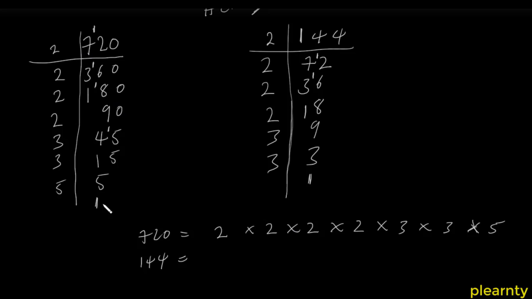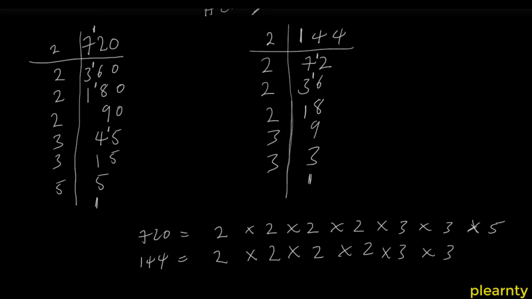This is just what is here. We bring it out. Then for 144, we have 2 in 4 places: 2 times 2 times 2 times 2 times 3 times 3.